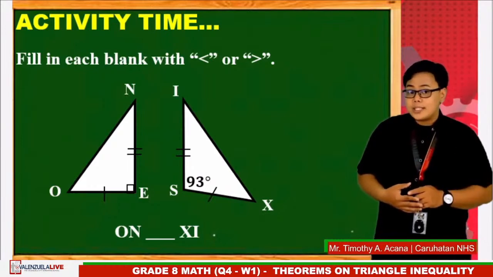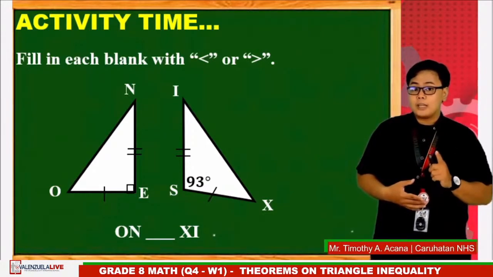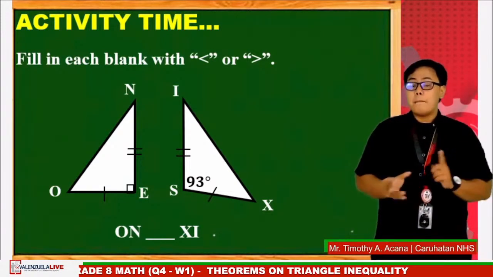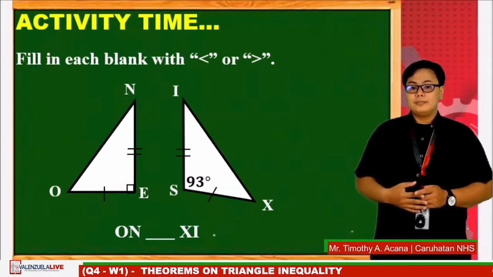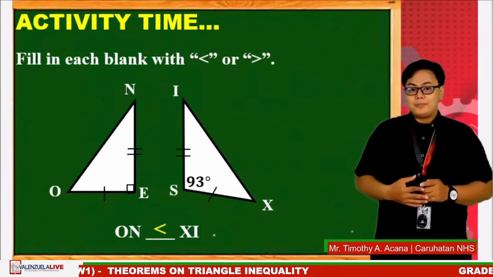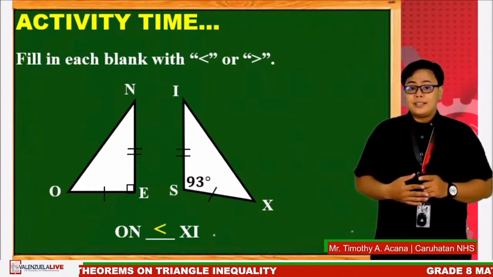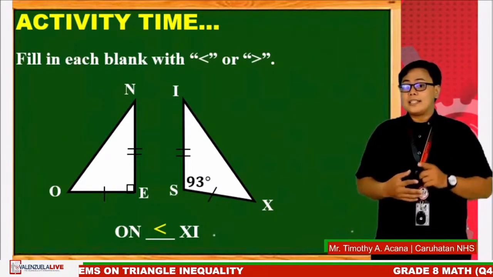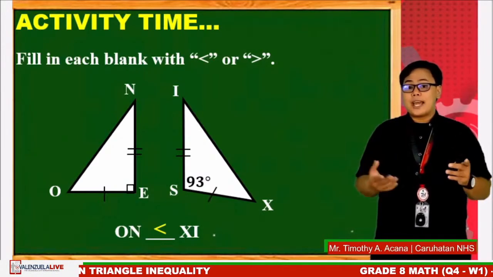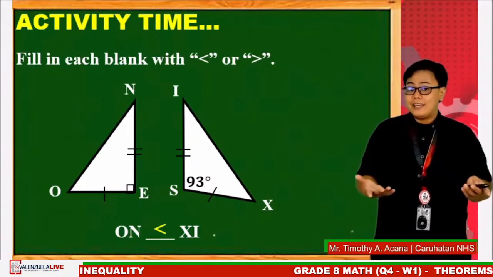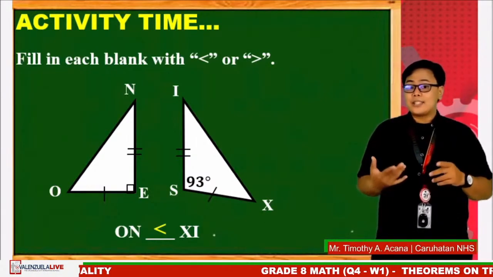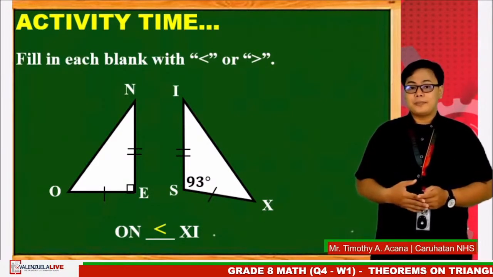So what do you think is the correct inequality symbol for the statement side ON blank side XI? Very good. The correct answer is less than, because side ON is opposite angle E and side XI is opposite angle S.